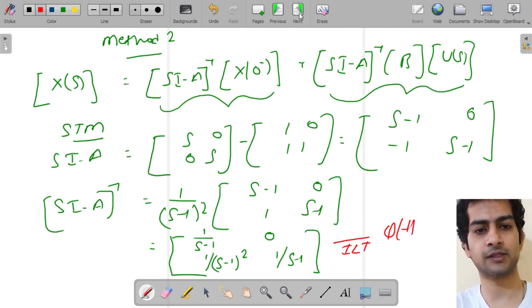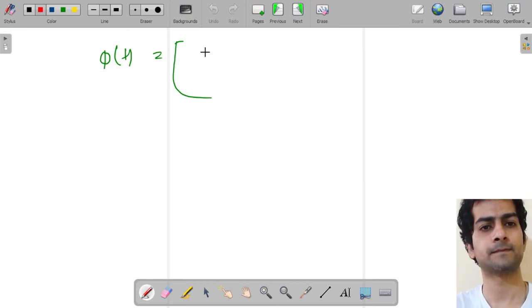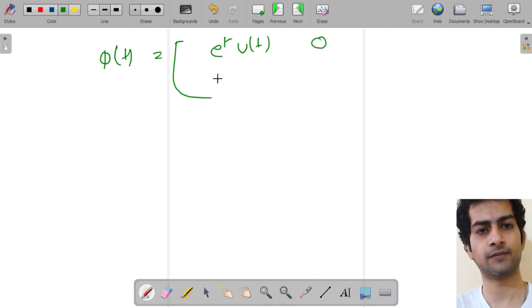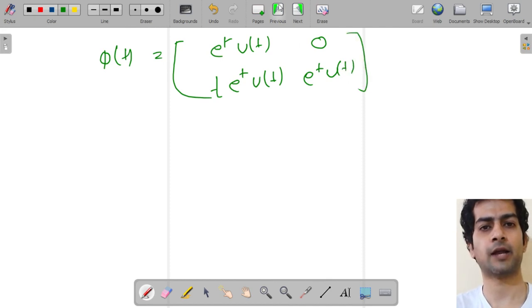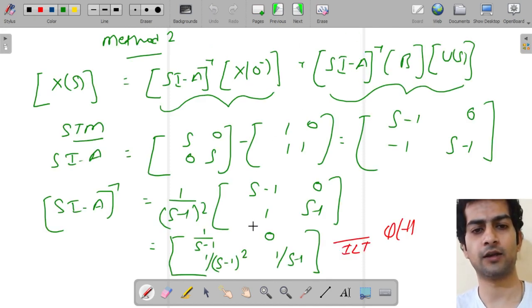It will come something like e to the power t u(t), 0, t e to the power t u(t), e to the power t u(t). I'm writing directly. You can solve it here, and you will find the same thing. Now what we have to do? We have to find this one, means phi(t).